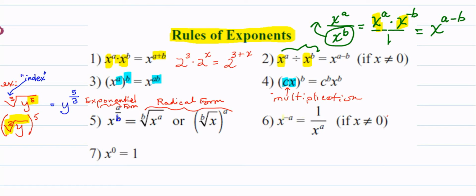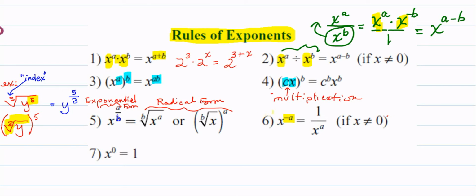Okay, number 6, when I have this rule here, this is basically the same thing I did earlier when I was talking about number 2 there. It's the rule that makes rule 2 possible. It's just telling you if you have a negative exponent, you can't leave it as an answer, right? We have to make all our exponents positive.